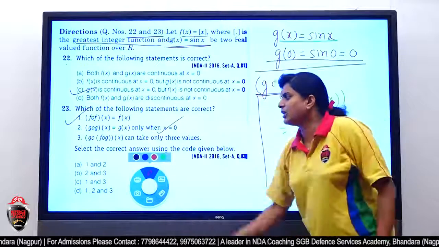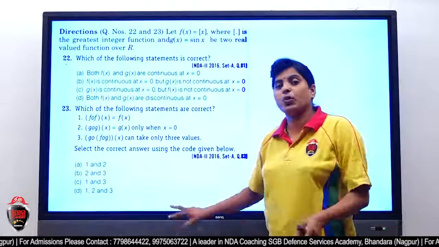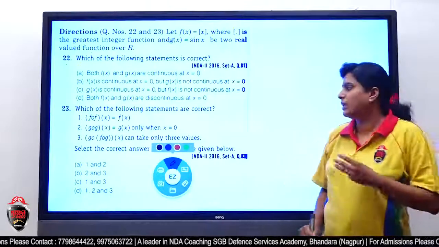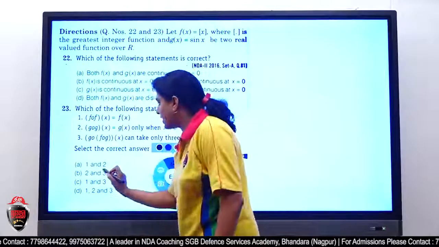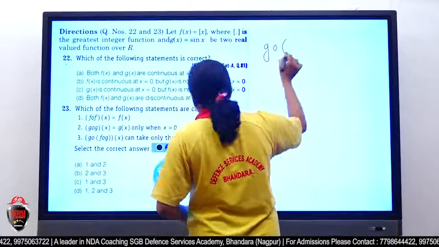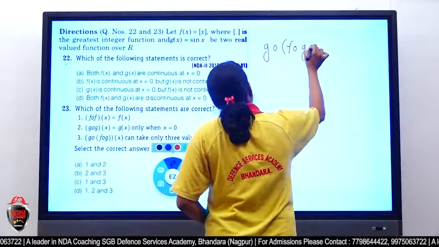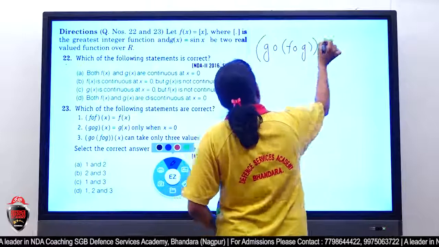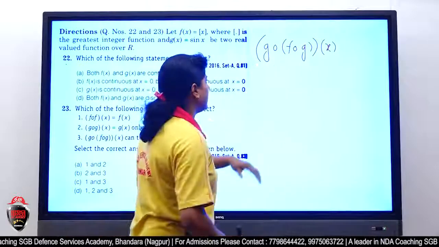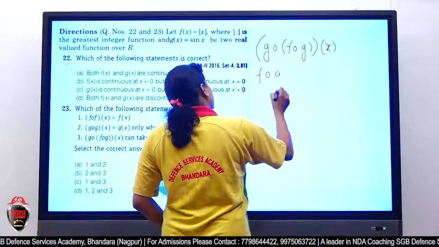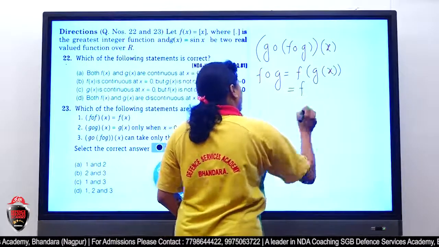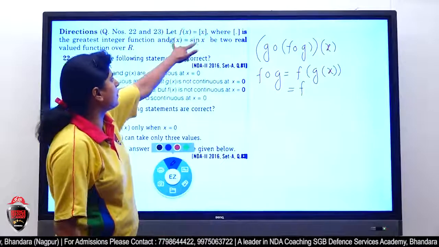Move to the third one, that is g compose f compose g of x can take only 3 values. Now see, फर्स्ट करेक्ट, सेकंड करेक्ट, देन जी कंपोज, इसके साथ कंपोजिशन बनाना है तो F कंपोज G of X. नाउ वैल्यूज को निकालें। सबसे पहले हमारे पास F कंपोज G की वैल्यू निकालना, which is F of G of X, that is F of, but what is the value of G of X?